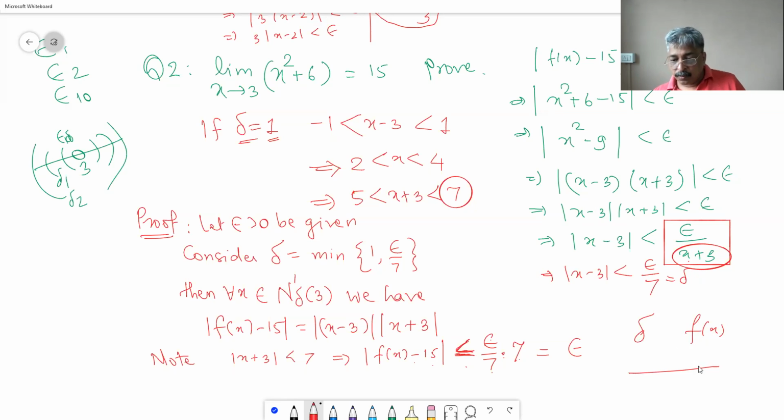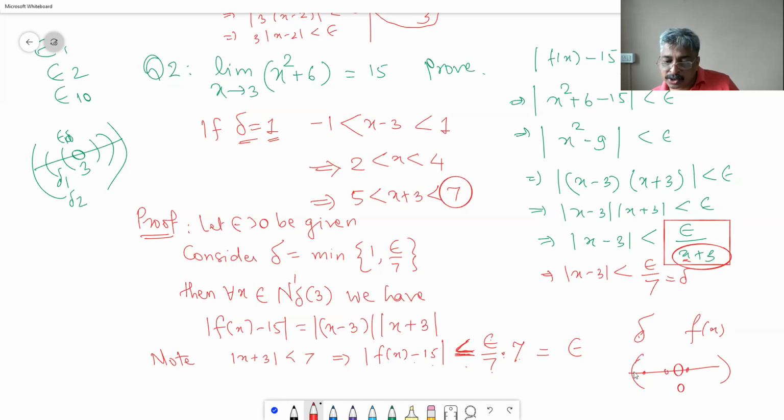Suppose this is c and this is your delta neighborhood, then for this x, this delta is going to be a different value. For this x, delta is going to be a different value. It is going to be epsilon by x plus 3.